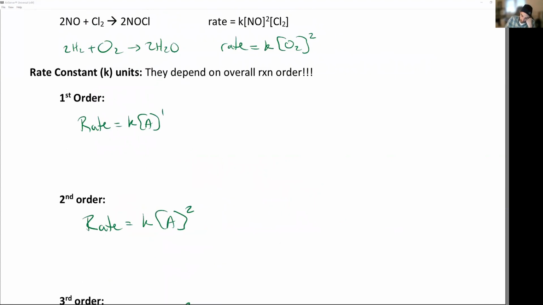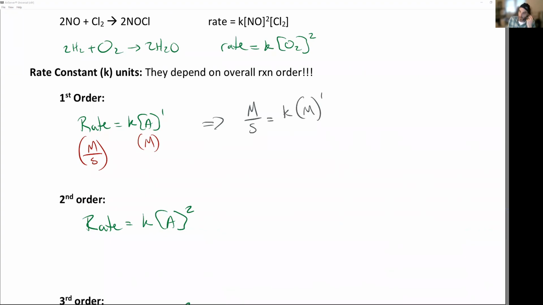So let's talk about units. Rate is always going to be in molarity per second. We're looking for what k is. And we know that the concentration has got to be in molarity. So what we end up with is rate in molarity per second is equal to k times molarity raised to the first.